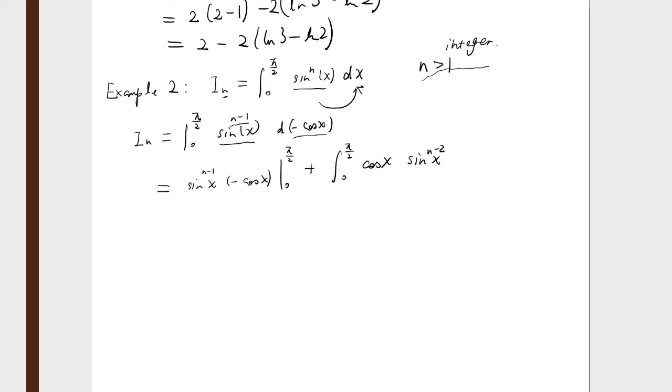But here, because sine x to the power of n minus 1 is a compound function, that's why we have to do the d sine x here, right? And of course, then we're going to have the cosine x here and dx, and we can further put the cosine x here. Okay, so let's write it down like this.